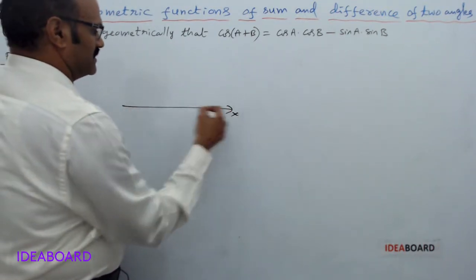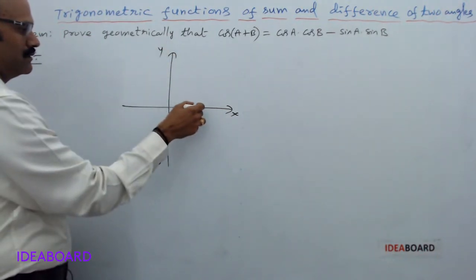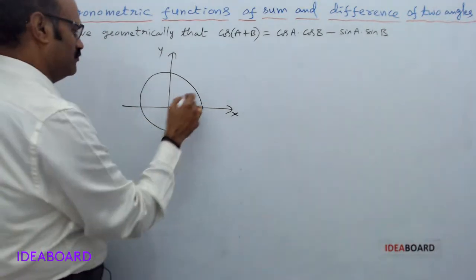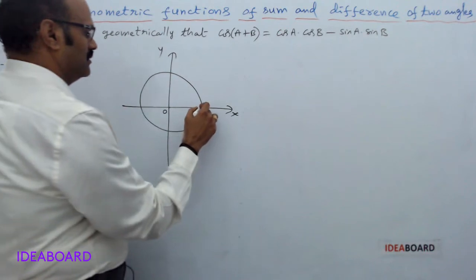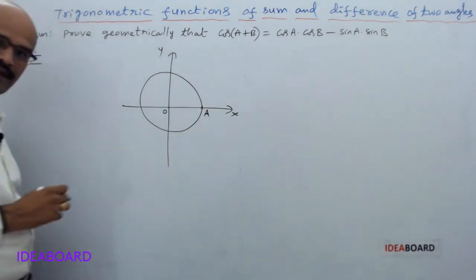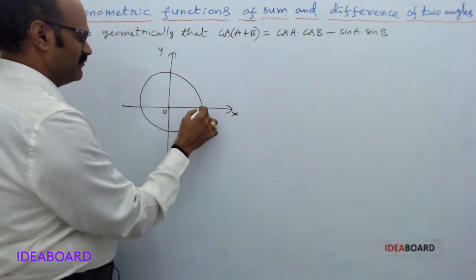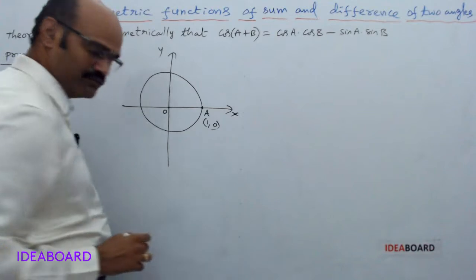Let me take the x-axis and the y-axis. Draw a circle with center O and radius 1 unit. Let me take point A on the x-axis, at radius 1 unit. Then the point A is 1 comma 0.